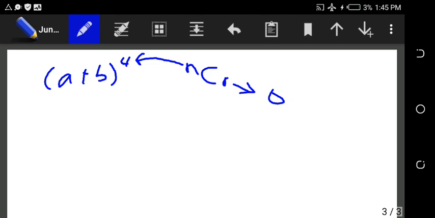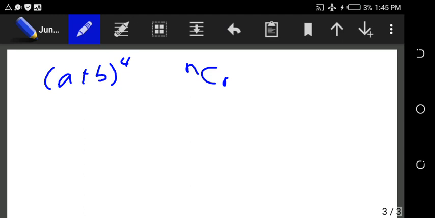So we're going to have 4 combination 0, the next one 4 combination 1, 4 combination 2, until we get to 4 combination 4. Please note that at no point will the value of n change. It will always remain the given power, in this case 4. When we have raised to the power 5, our n will remain 5.